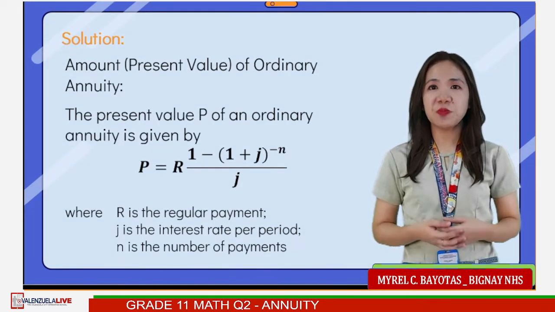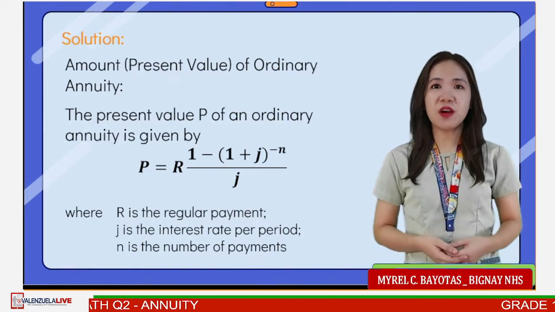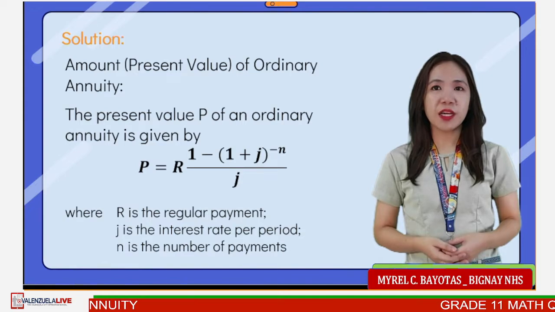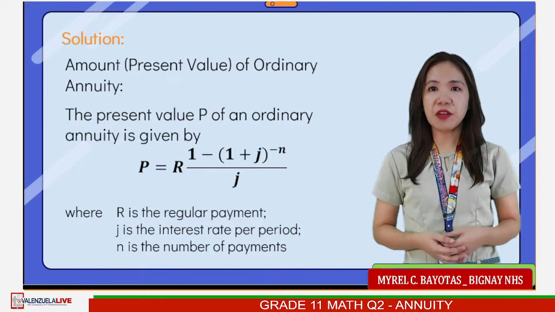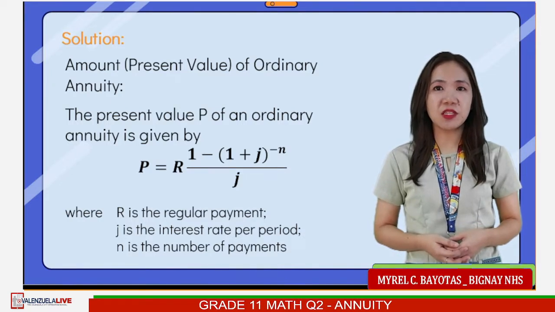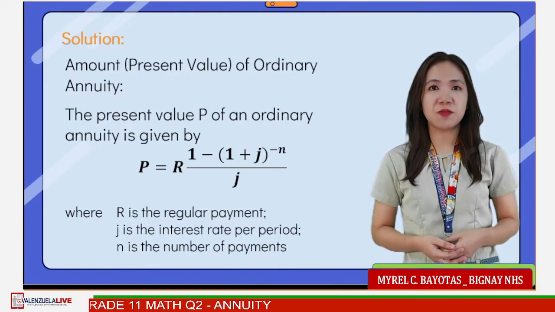The present value P of an ordinary annuity is given by P equals R times 1 minus the quantity of 1 plus j raised to negative n all over j, where R is the regular payment, j is the interest rate per period, and n is the number of payments.